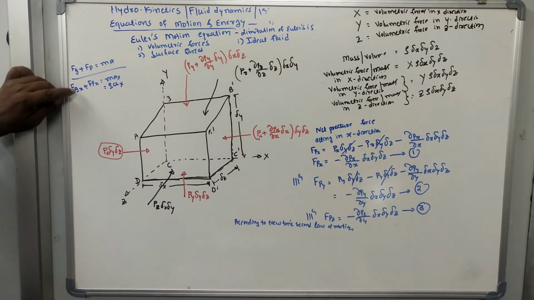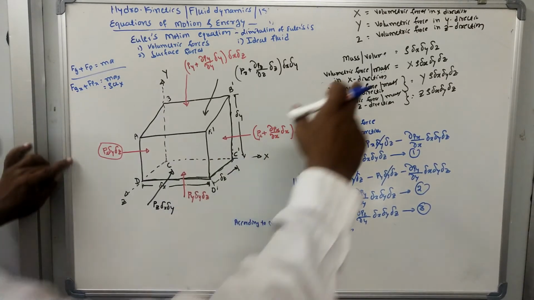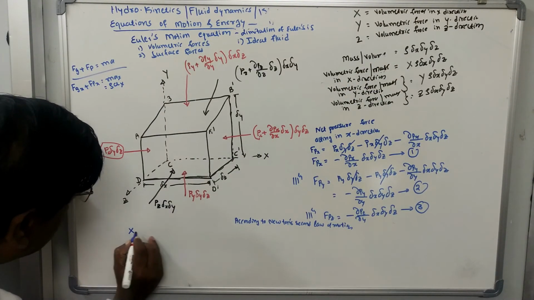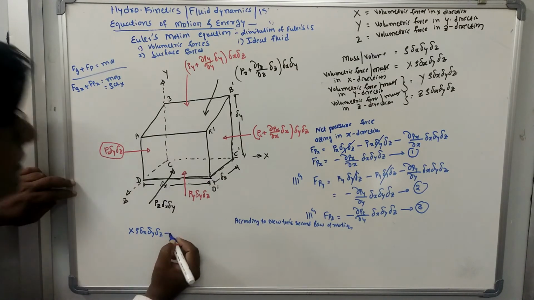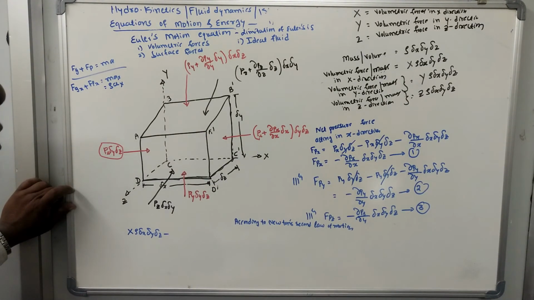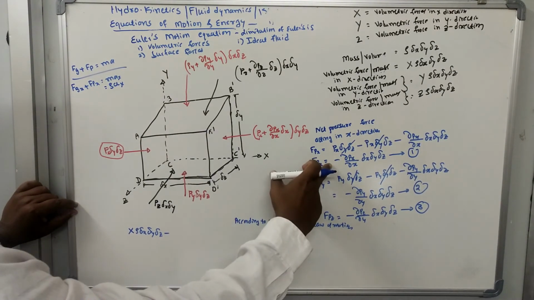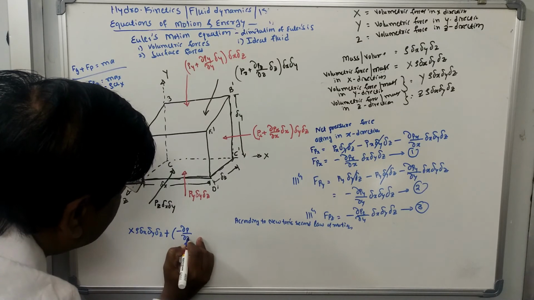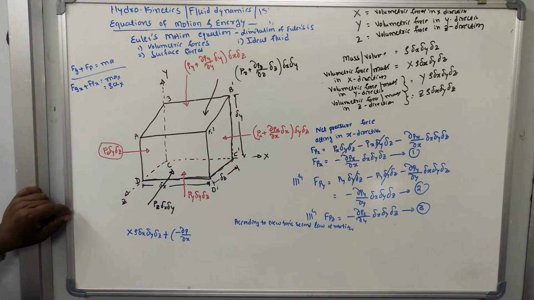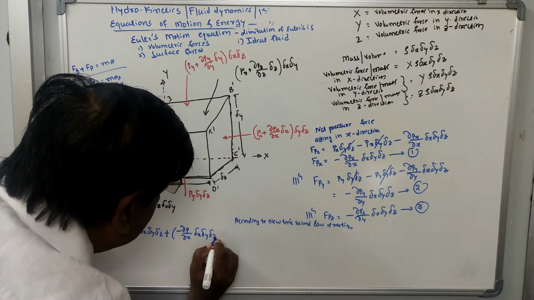So the volumetric force Fgx in the x direction is X rho delta x delta y delta z, plus the pressure force in the x direction, which is minus ∂p by ∂x delta y delta z.